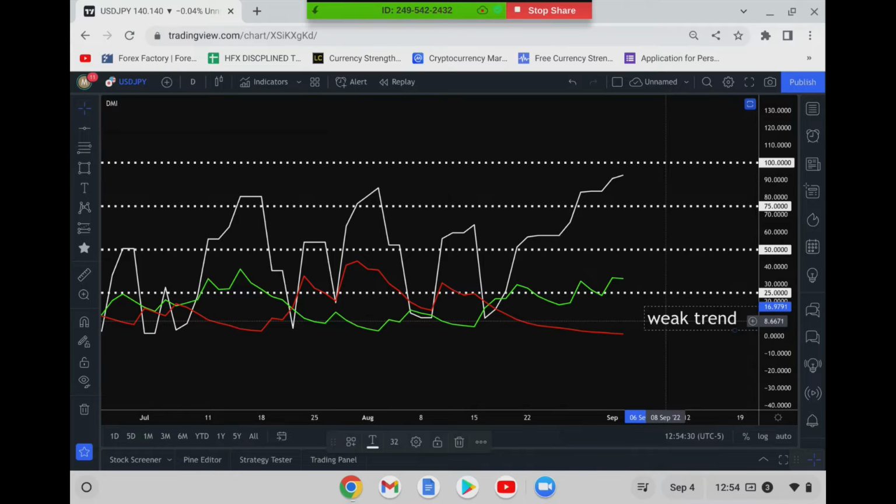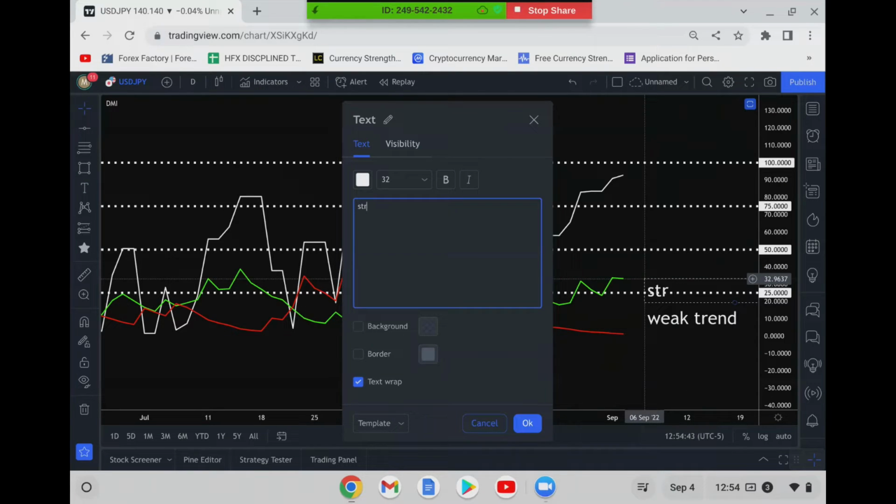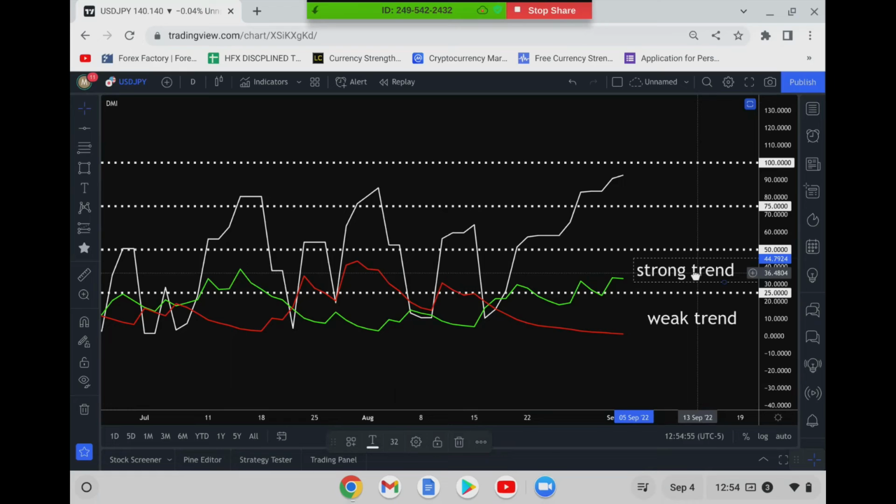Now, between the 25 and the 50, you guys know that we're gaining momentum, and this is actually a pretty strong trend. All right.